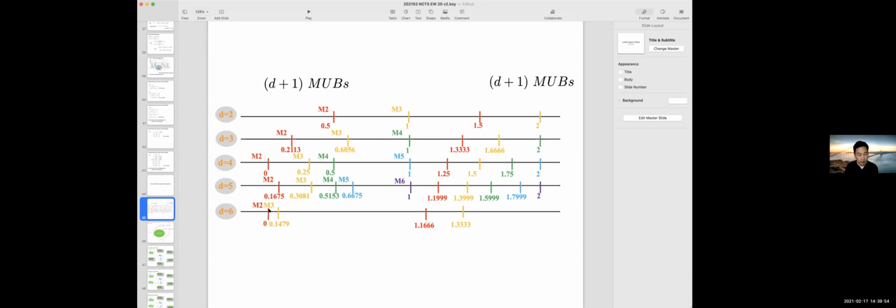If we apply 2 MUBs, then you have a lower bound of 0 and an upper bound of 1.66, and with 3 MUBs, then you have 0.1479 and 1.333. Since in dimension 6 we only know 3 MUBs so far, we cannot compute more, but 3 MUBs are still useful to detect some entangled states.